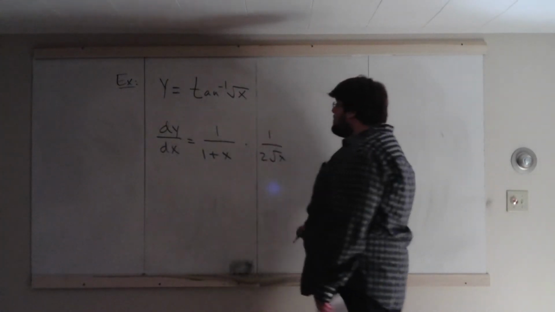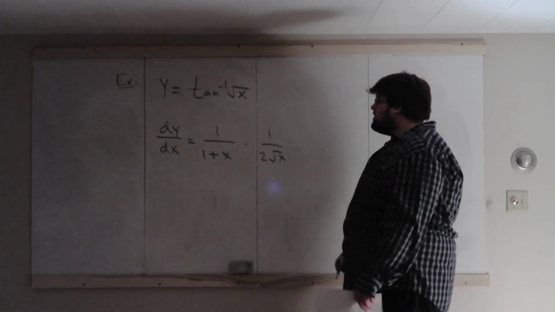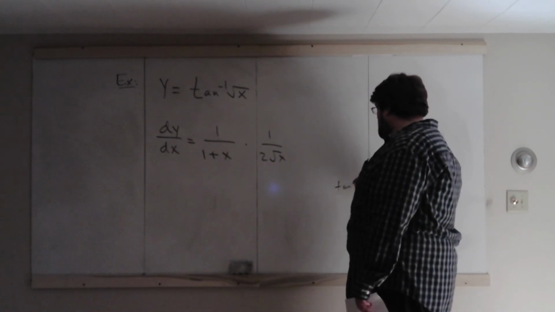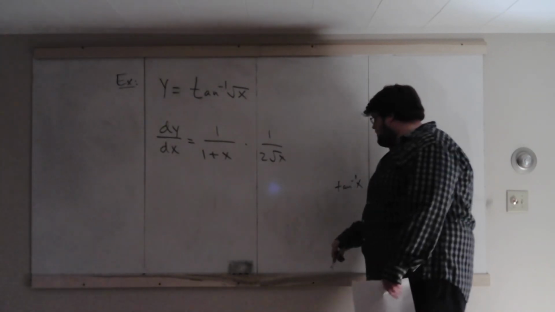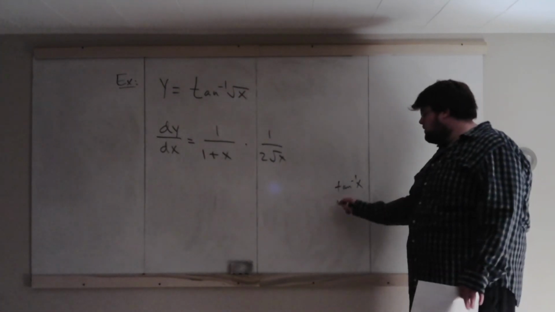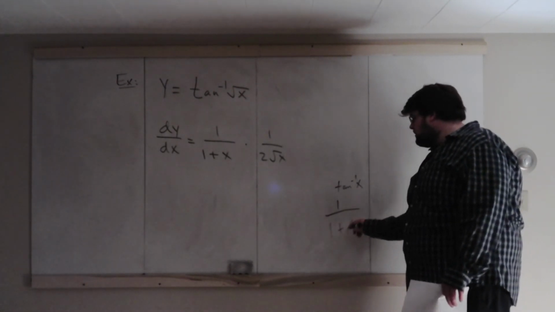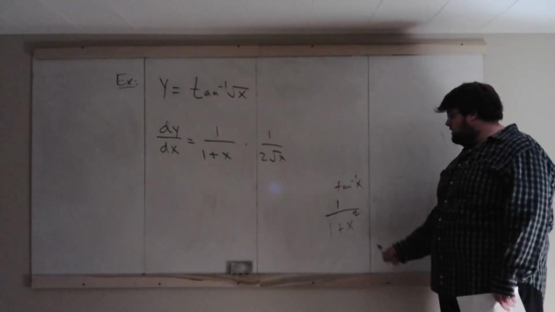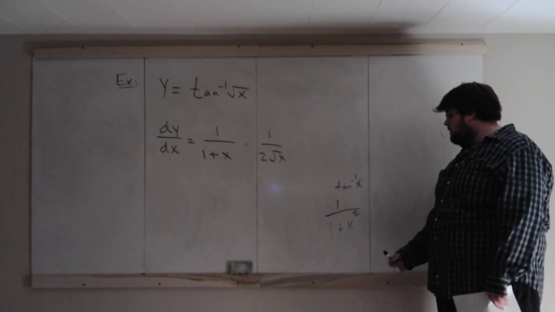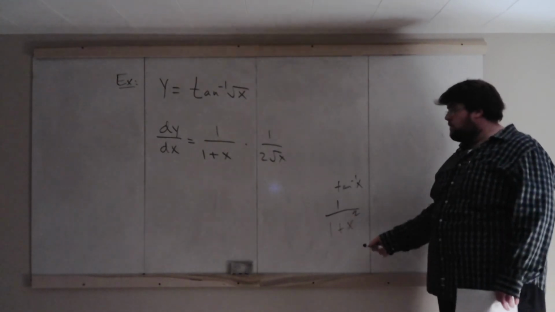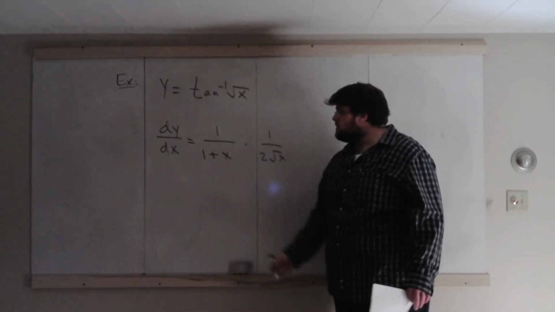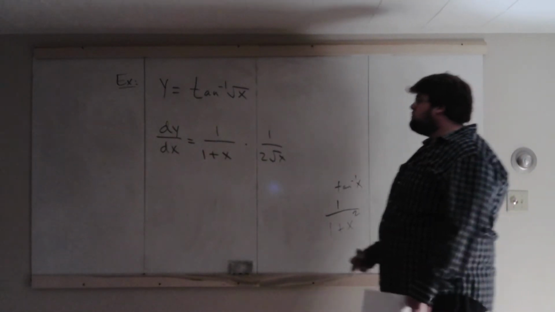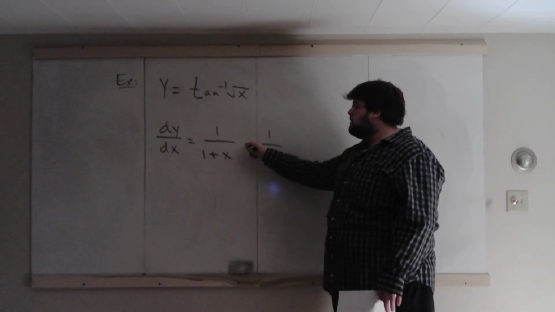Well, it came from two rules, the inverse tangent rule and the power rule. First, remember the derivative of the inverse tangent is 1 over 1 plus x squared. So, if this x is a root x, well, then we would get 1 over 1 plus root x squared, which is just x. So that gives us this first piece. But then the chain rule says to multiply by the derivative of the inside.